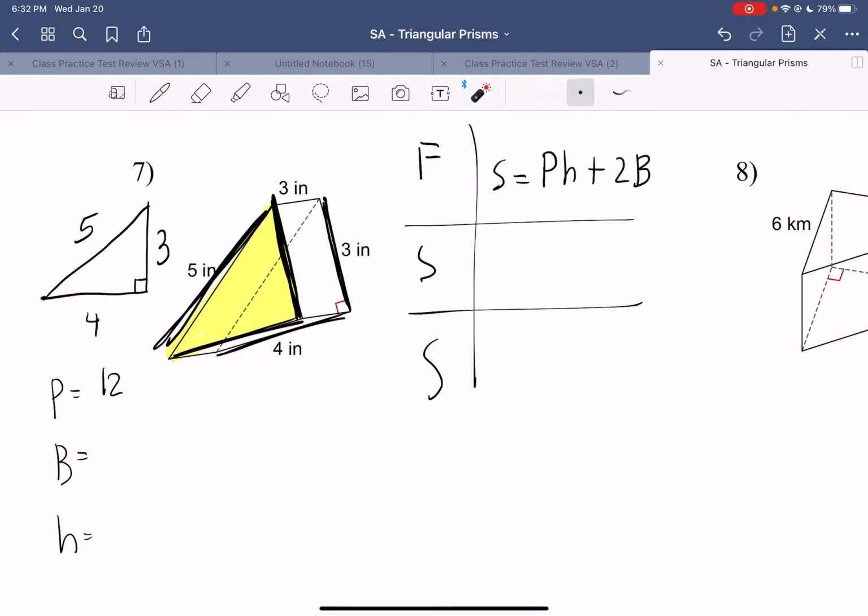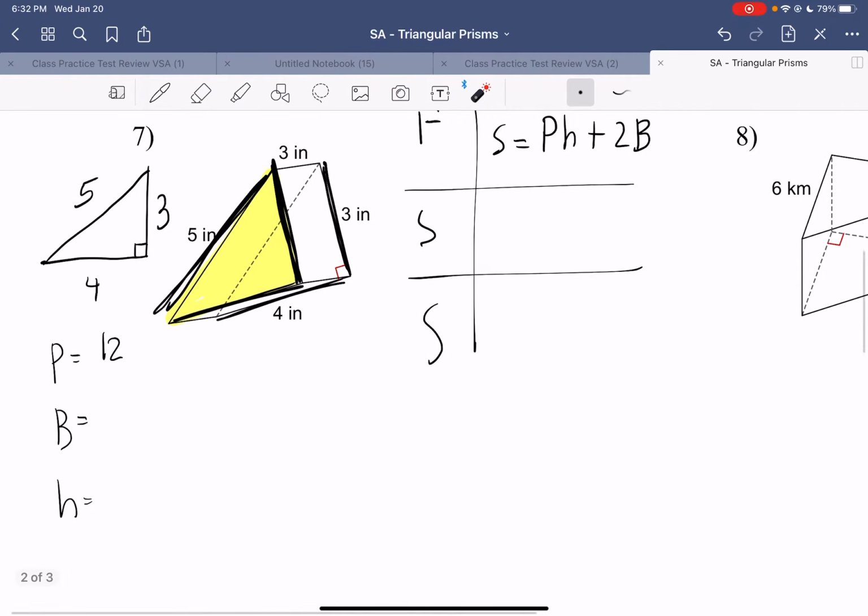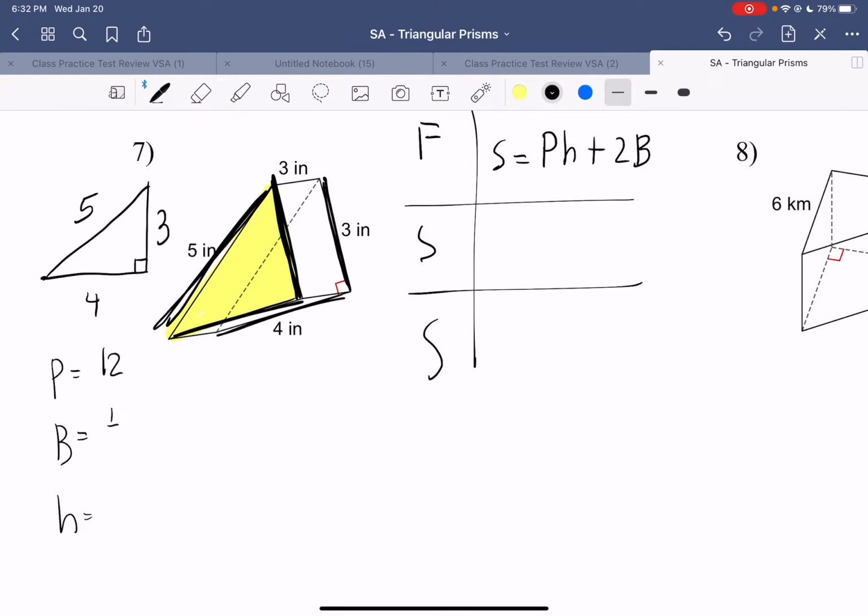The area of our base, remember, is the area of a triangle, which is 1/2 base times height. The base is 4 and the height is 3. So 4 times 3 is 12, times 1/2 is 6. The height of our prism is this here, which is 3.